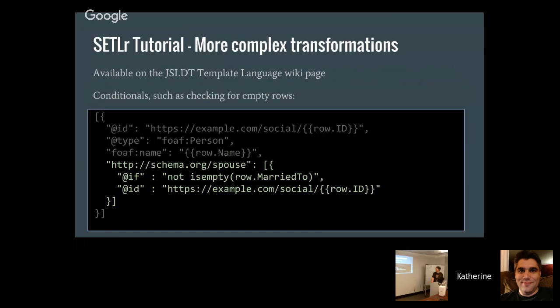The other thing to note is the architecture of SETLr. JSON-LD is one transformation method that is currently registered into SETLr, but it's certainly possible to add others. The plan is to add more.